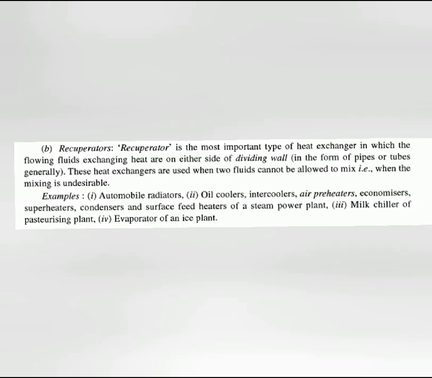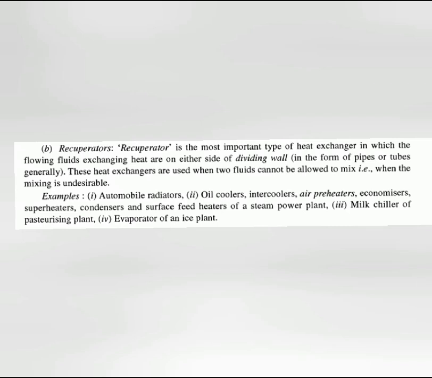Next is the recuperator. The recuperator is also an important type of heat exchanger. The important point is that the fluids exchange heat on either side of the dividing wall. We know for indirect contact there is a dividing wall, but in the case of a recuperator, unlike a regenerator, the heat transfer takes place on both sides, on either side of the dividing wall.